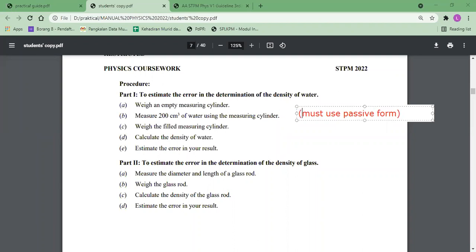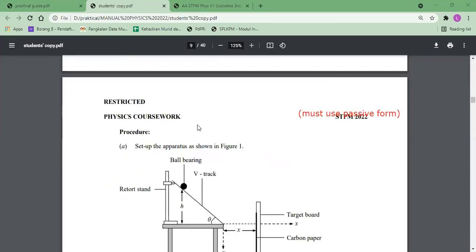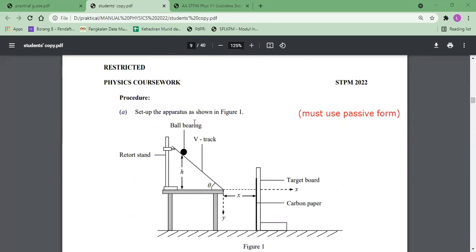Salin dulu dekat beberapa eksperimen. Kalau boleh, semua tu awak salin. For all experiments must use passive form. Next experiment, go to the procedure, you write there must use passive form.